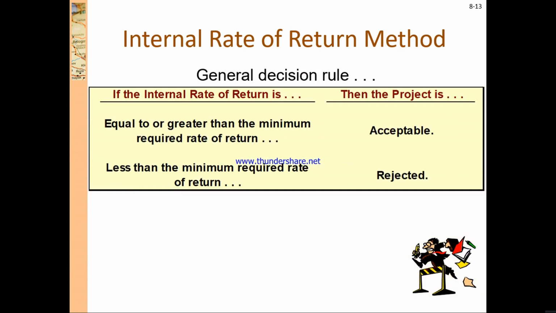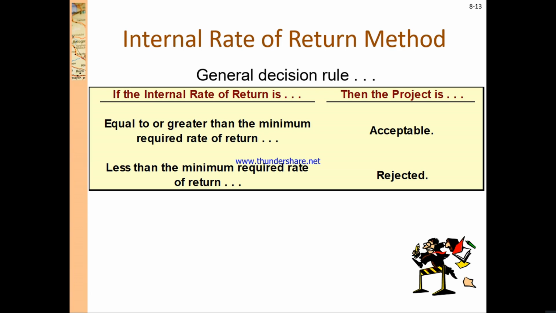So the prescribed general rules are as follows. If the internal rate of return is equal to or greater than the minimum required rate of return, then the project will be accepted.